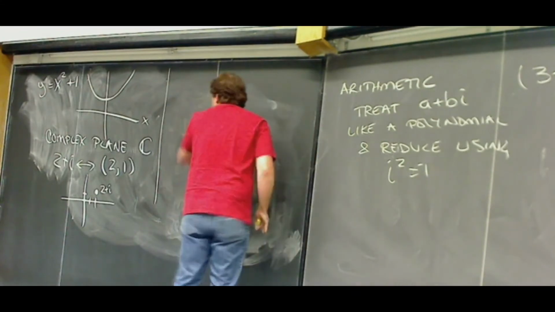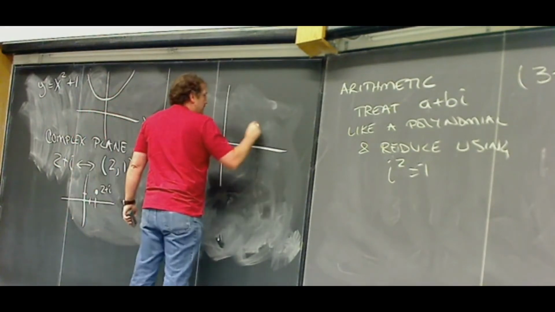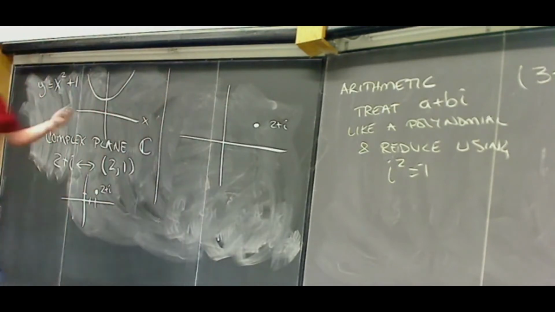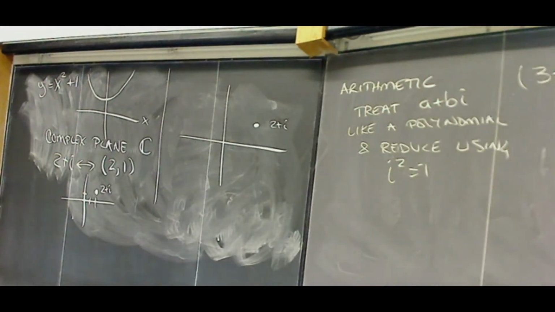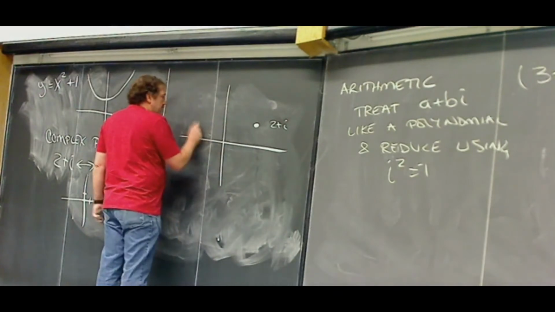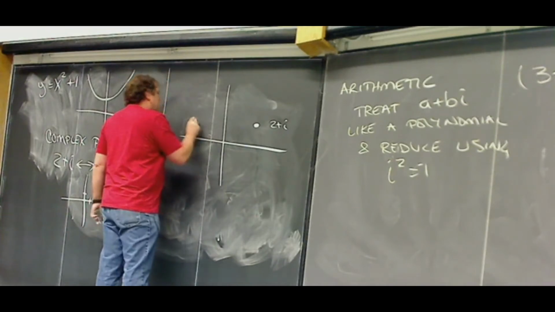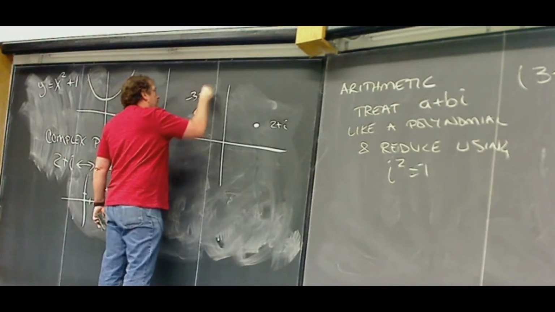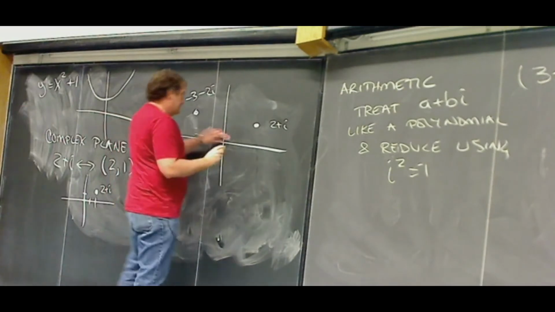So if I wanted to add, let me just draw the same picture again. So here's 2 plus i. If I wanted to add, say, -3 minus 2i, so here is, say, -3 minus 2i over there, because my scale's a little screwy.